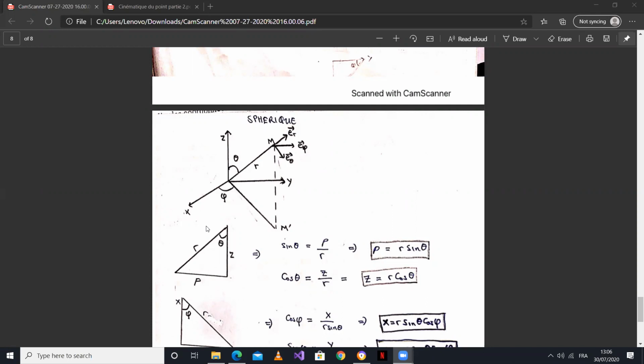You said that Z is both perpendicular to Y and M prime, and including X. Yes, it's perpendicular to all of them. But how is it possible that it can be perpendicular to both Y and M prime at the same time? Let me demonstrate.